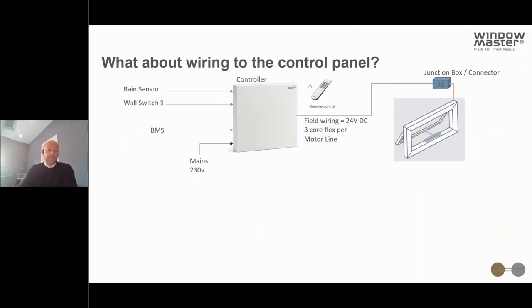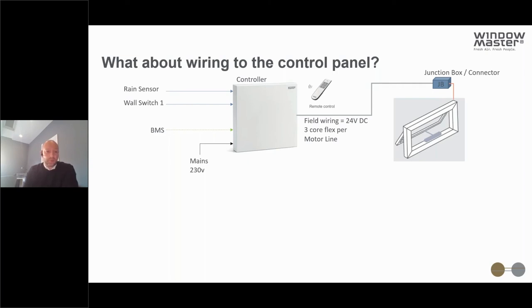And then we'll just take a quick look at the basics of wiring and the wider system. So typically the actuator cable will be taken back to a local connection point or junction box, and from there there's field wiring, motor line that we call it, that will go back to the control unit, and that normally is a 3-core flex, sized to suit the application.